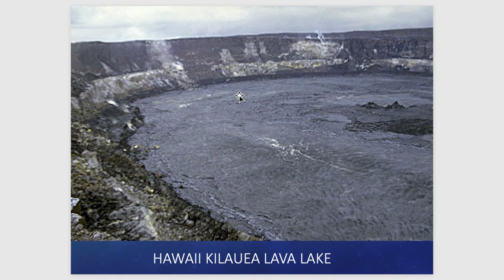Here is an image of the Kilauea lava lake. So this lava lake is no longer there after the 2018 eruption of the Puna Ridge. It's been essentially absorbed because a lot of lava flows occurred, and so the volume of magma has decreased significantly.